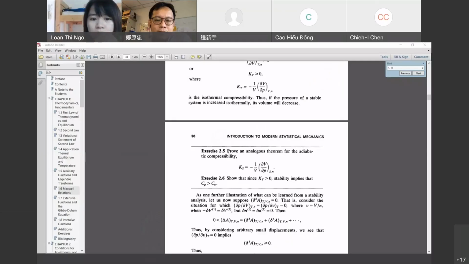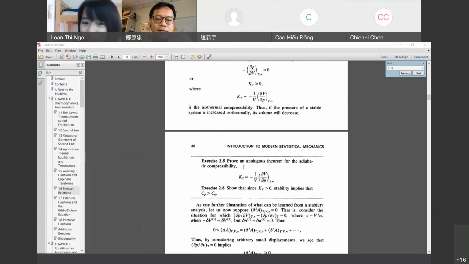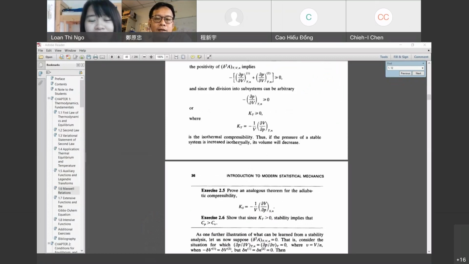In question 2.5, do they want to prove this formula or another?